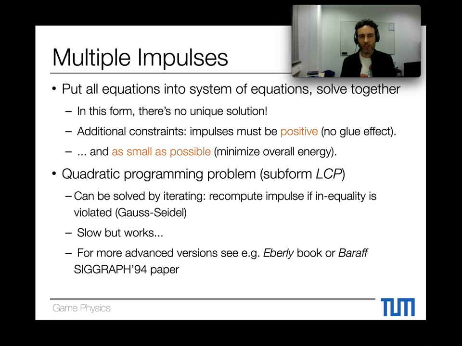Yeah, so just as an outlook, but as you can imagine, this would be a nice extension for a project, but this goes a bit beyond what we can easily do here in the lecture. Fundamentally, it's still just working with the impulse equations like we had them before.